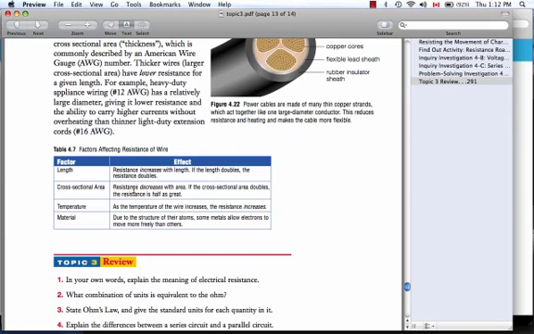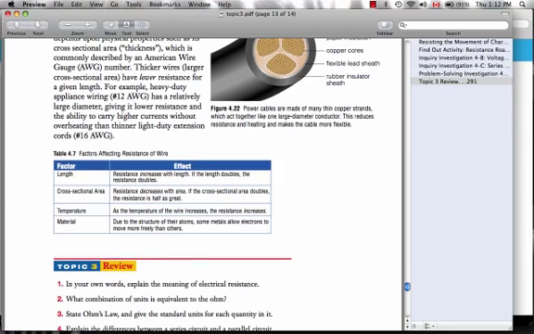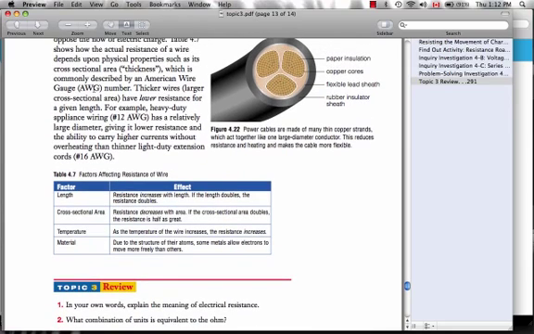The cross-section: resistance decreases with area. So if the cross-section area doubles, the resistance is halved. So that has to do with the thickness of the wire. Okay, they use wire gauge numbers, AWG. Thicker wires have larger cross-section and they have lower resistance.